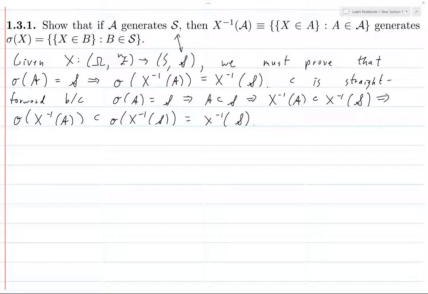Now we want the other inclusion. For this inclusion, we need a lemma. I don't know if this lemma is necessary for this exercise. It isn't used in Durrett's solution manual, if that's how you pronounce it.